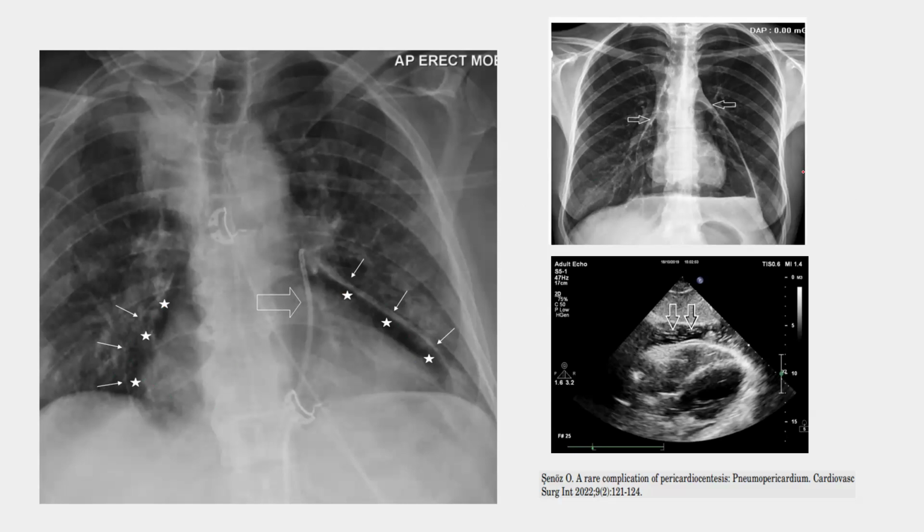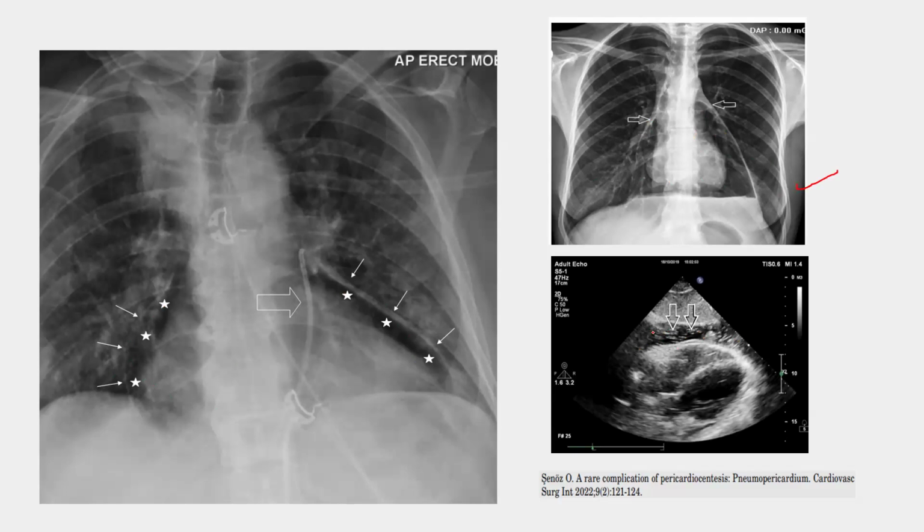Very good. And this is an extreme example of pneumopericardium, or even tension pneumopericardium. You see air is filling the pericardial space. And here you can see it by echo, air in the pericardial space.